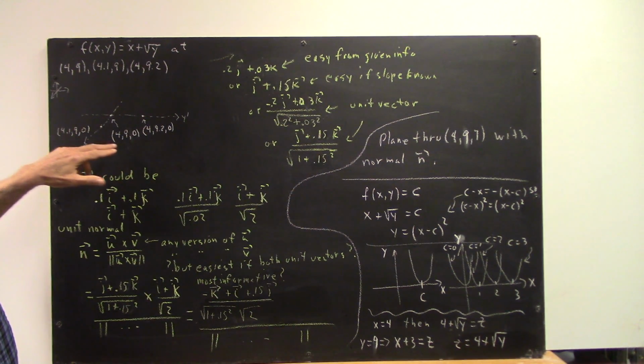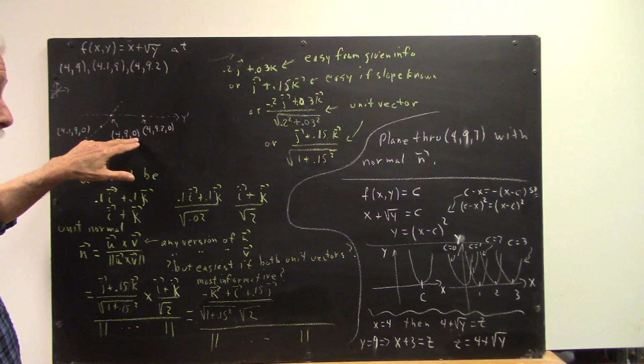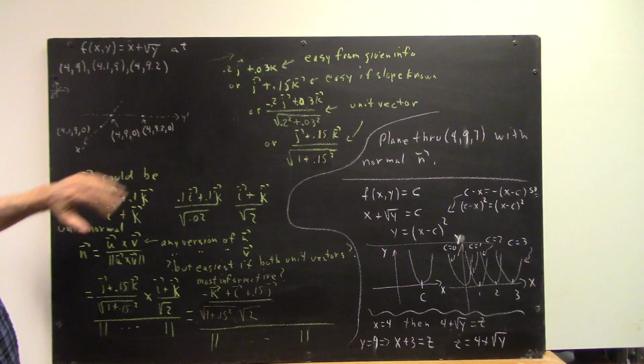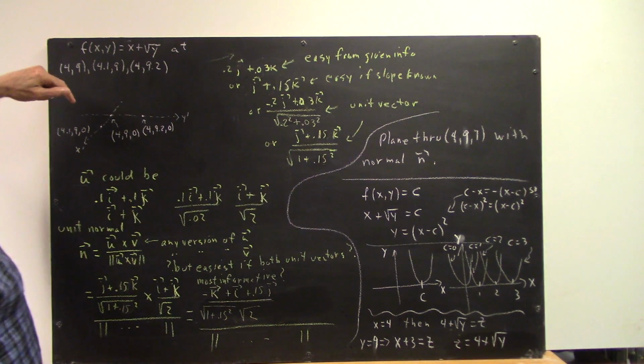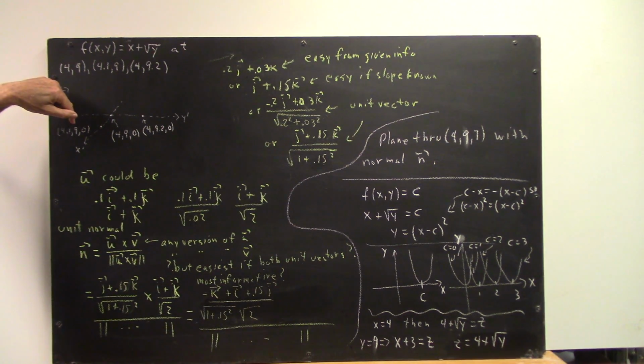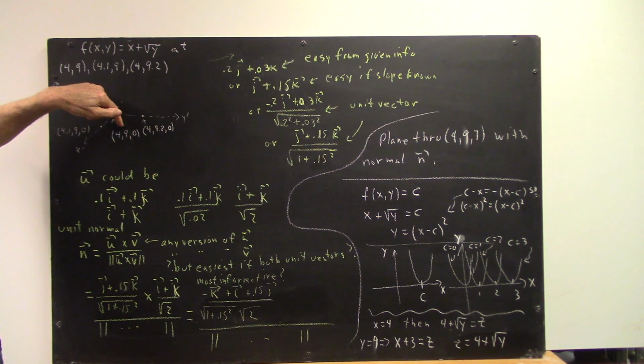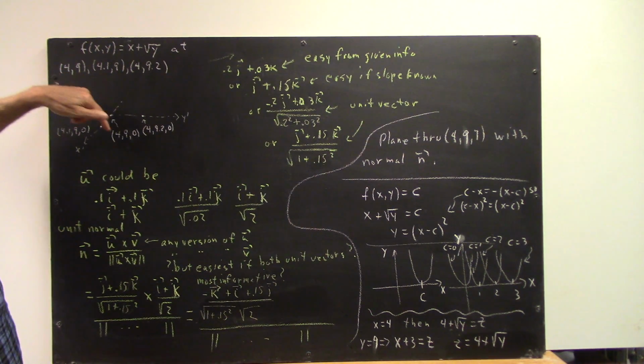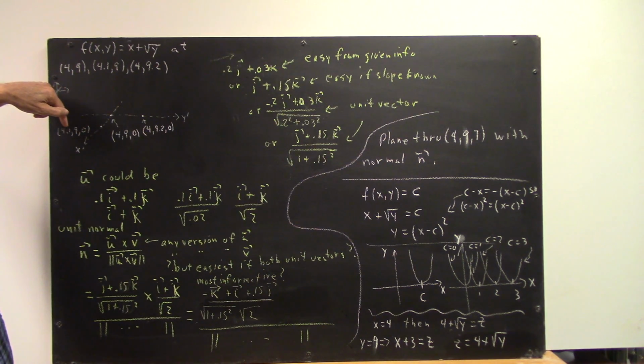In other words, z equals 0 indicates that we're in the xy plane. Then we have the point (4.1, 9, 0), which has the same y coordinate as this one, and it's still in the xy plane because of the 0. But of course the x value changes from 4 to 4.1.